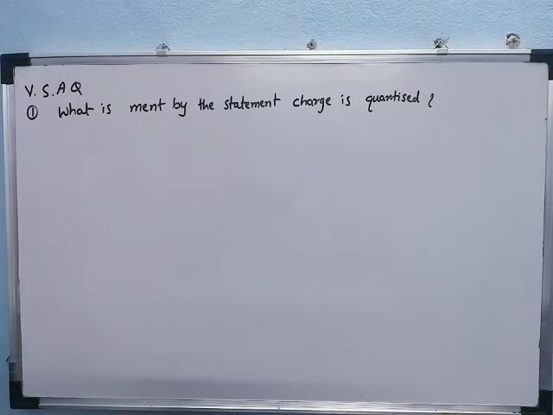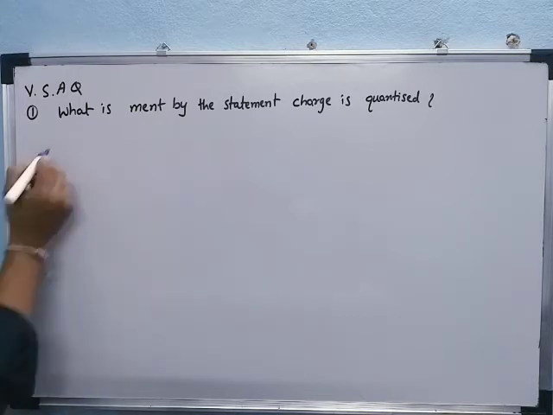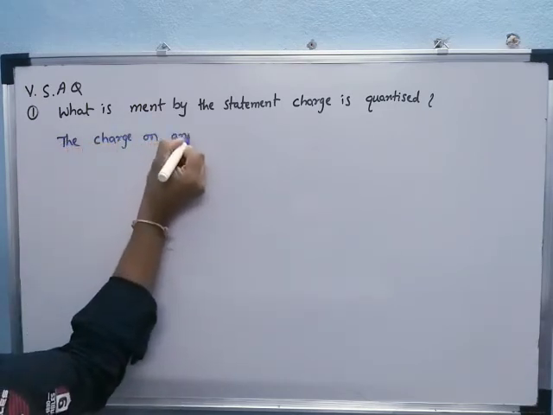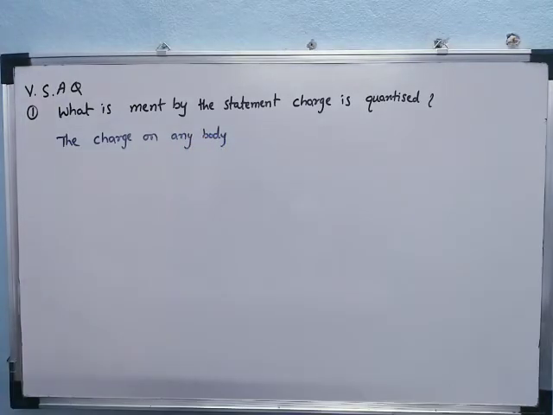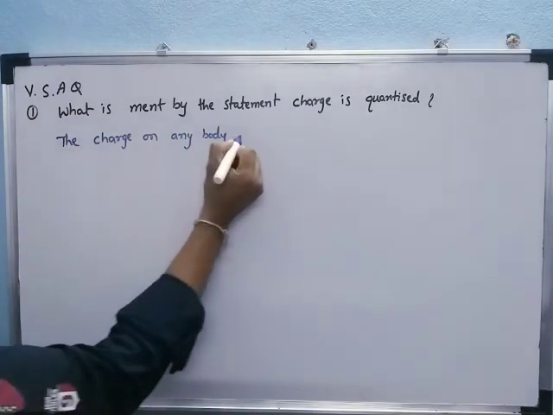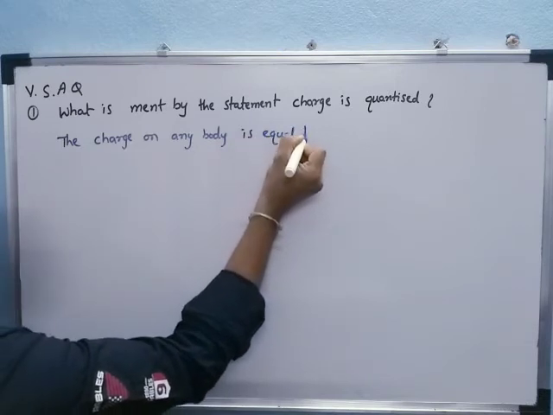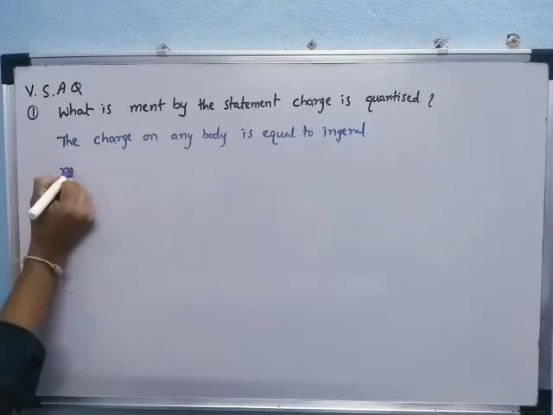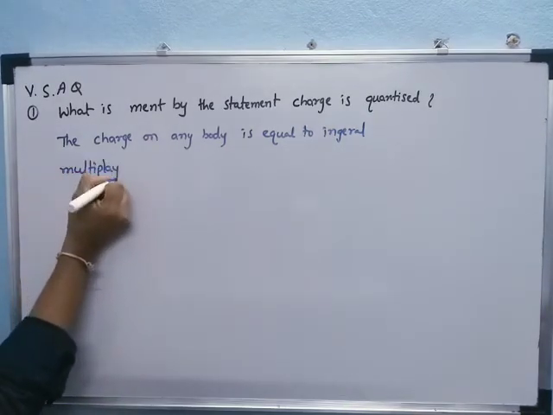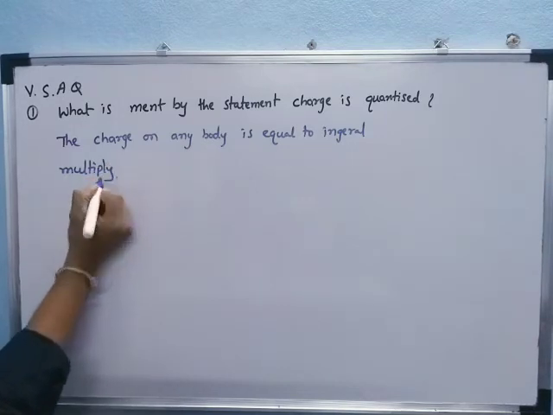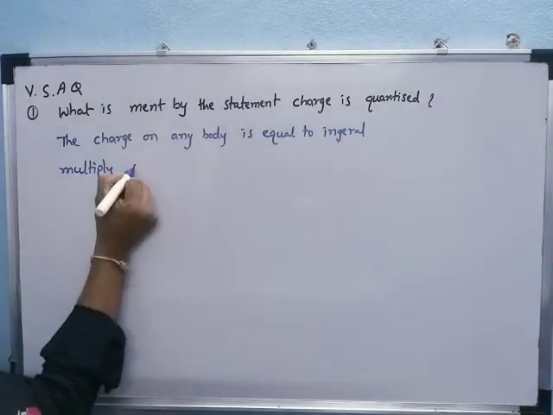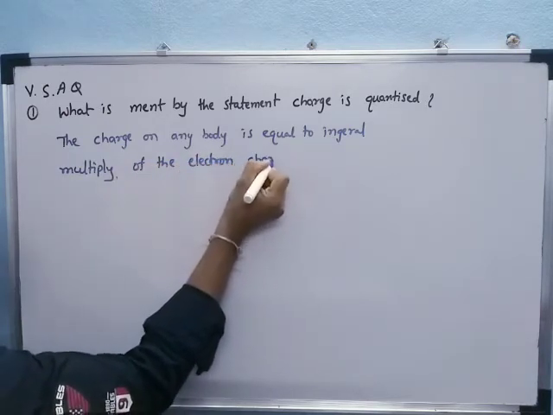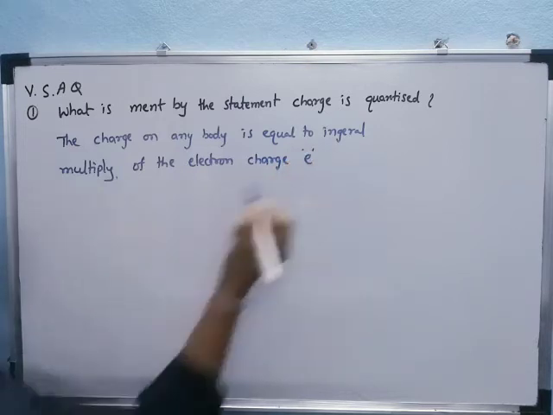The charge on any body is equal to an integer multiple of the electron charge. This is denoted by E.